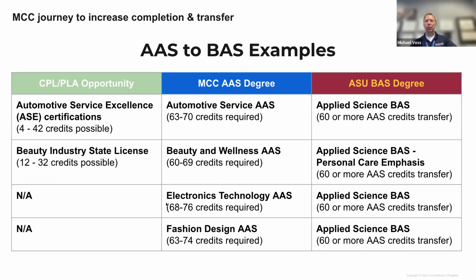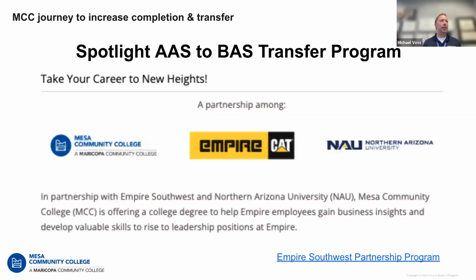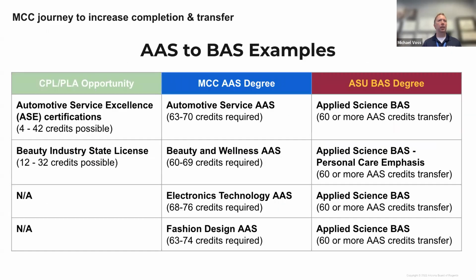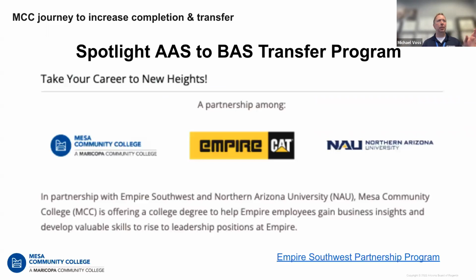Some programs like electronics and fashion do not have that, but they all have connections to ASU, NAU, and U of A, right? So I just shared some examples here of how that works. But students may not know about it. And so it's really, really important that this gets front and center. So I think that's pretty close to where I am in the presentation.